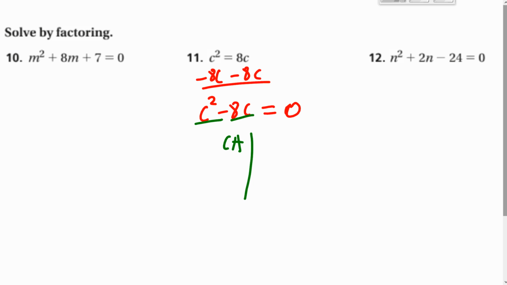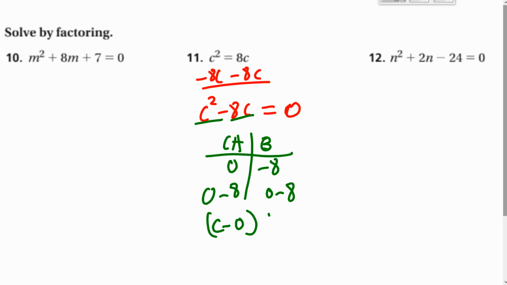You can just take out the greatest common factor. So what times what is 0 and negative 8? That's just a 0 and a negative 8. So we get c minus 0, or plus 0, whatever you want to say, and c minus 8.